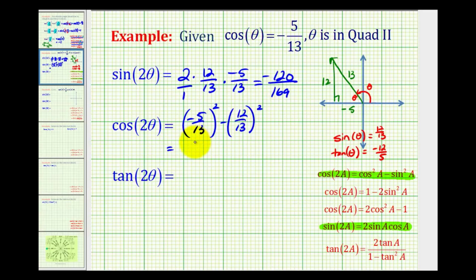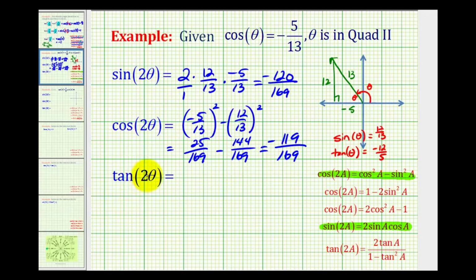So here we're going to have 25 divided by 169 minus 144 divided by 169. So we have a common denominator, and now we have 25 minus 144, which is equal to negative 119.